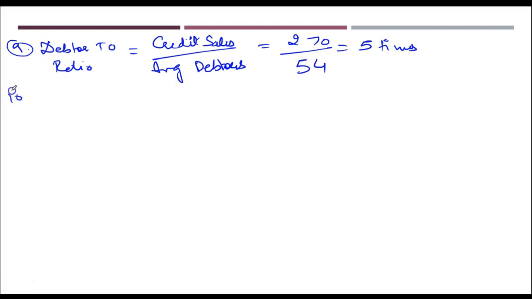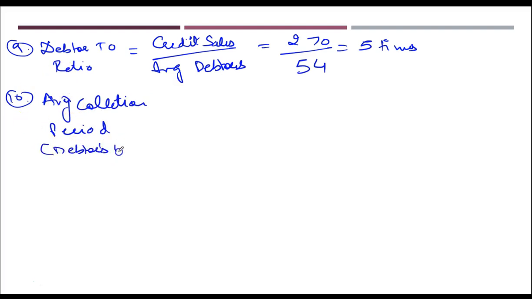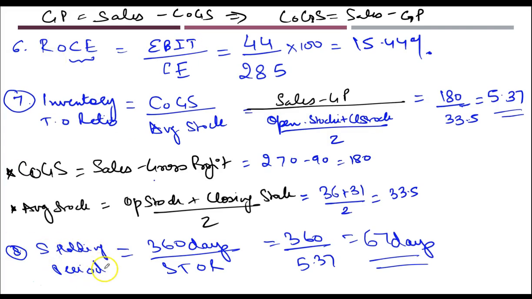Now the next question is debtors velocity, right? या फिर average collection period. I had told you that this is also called debtors velocity. मैंने आपको बताया था कि इसको debtors velocity भी बोलते हैं and this will be calculated by simply देखिए एक बार आपने debtors turnover ratio निकाल लिया तो average collection period निकालना उतना ही आसान है जितना स्टॉक होल्डिंग पीरियड निकालना था एक बार आपने जब इन्वेंट्री टर्नओवर रेशियो निकाल लिया राइट.